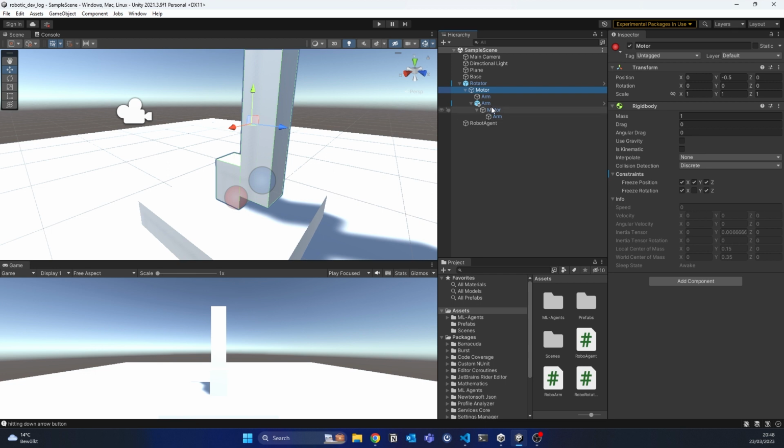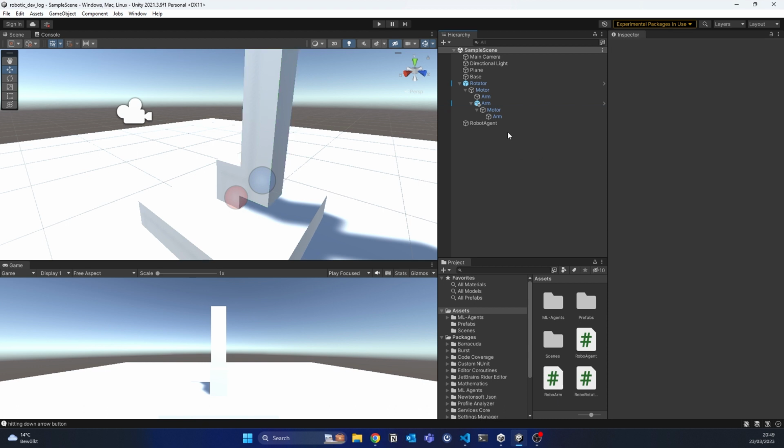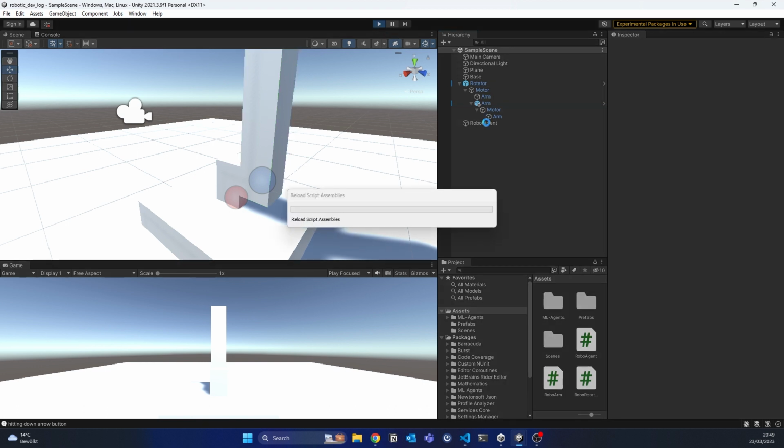In this specific case, I'm definitely moving this around Z, but I'm also constraining X, Y, and Z. Okay, let's try this again.